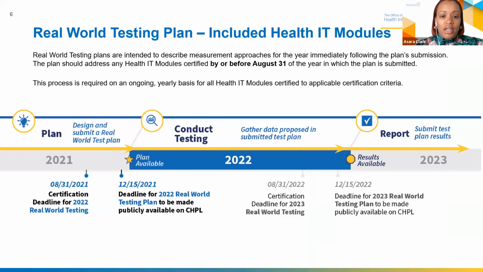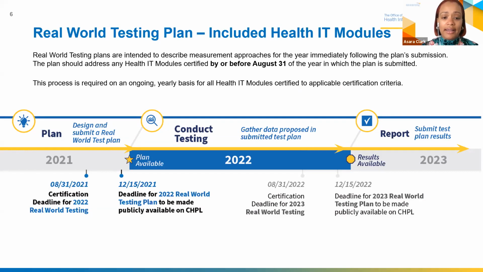The way that this works is all health IT modules with the applicable real-world testing certification criteria that have completed certification by or before August 31st of each year must include those health IT modules within the plan that would be addressed the following year of real-world testing, okay?